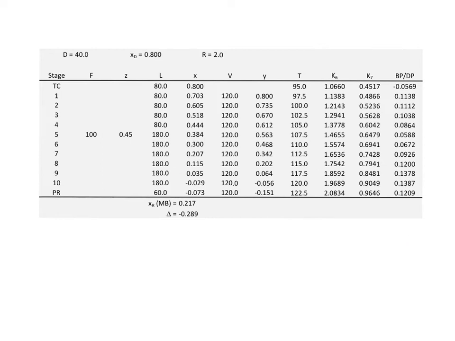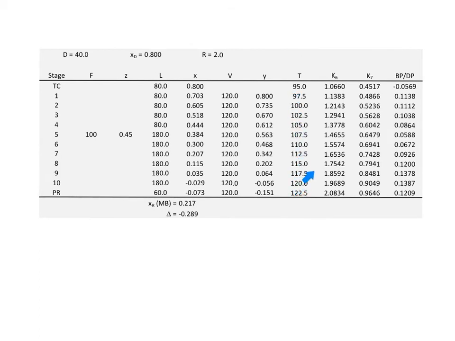This column has the vapor flow rate leaving each stage and its composition. The temperature is just a guessed number. I knew the range should be something like between 90 and 120 something. So I just made these guesses.